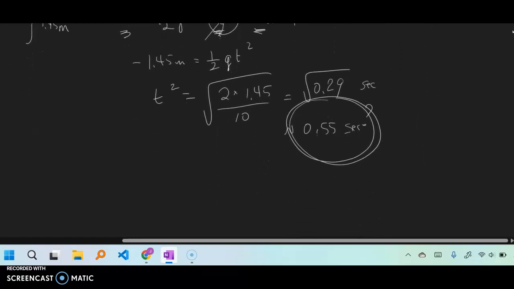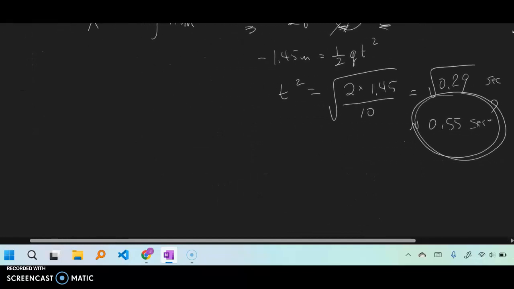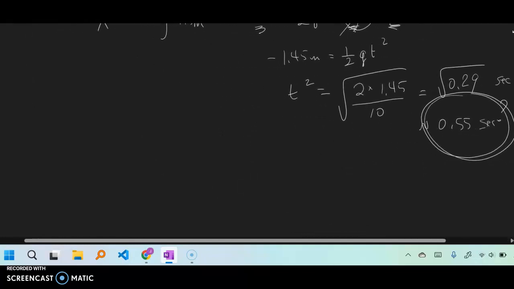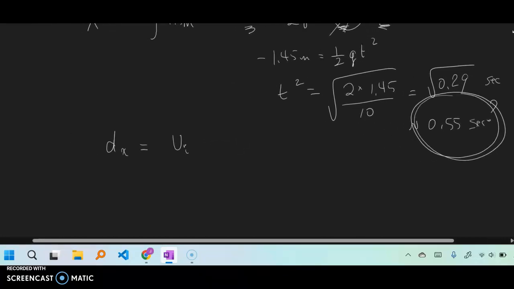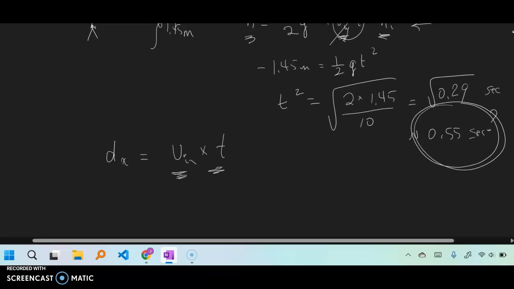So the horizontal distance, dx, is going to be my initial velocity times the time. Now don't get too confused here. The velocity I'm talking about is horizontal, and it doesn't change as it moves to the right. That's a strange thing to think about, but keep that in mind.